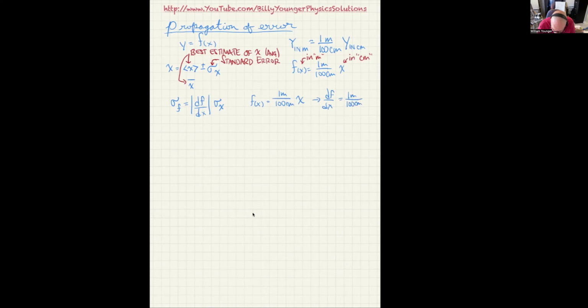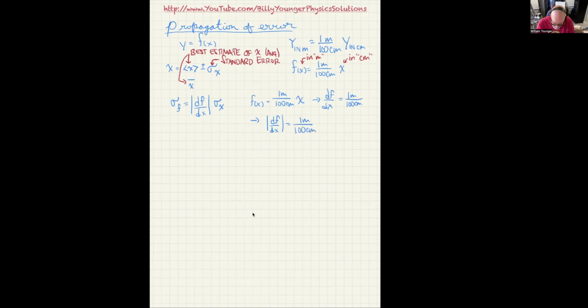That may seem a little weird, but that's mainly because you're not used to dealing with units as coefficients of numbers. You should be getting used to that now from being in the physics course. And there's no way that can be positive or negative, so the absolute value of df dx is just equal to 1 meter over 100 centimeters.